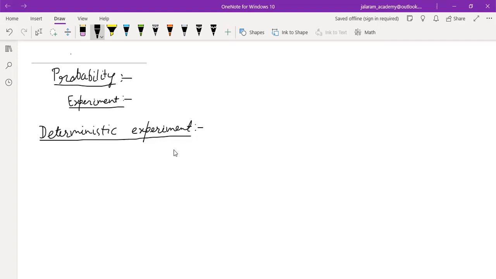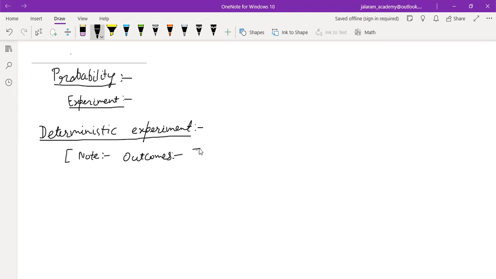One more thing, which is very important to understand the meaning of deterministic experiment, you can write it in your notes: the meaning of outcome. The outcomes are the results of an experiment. The different results related to an experiment are called outcomes.